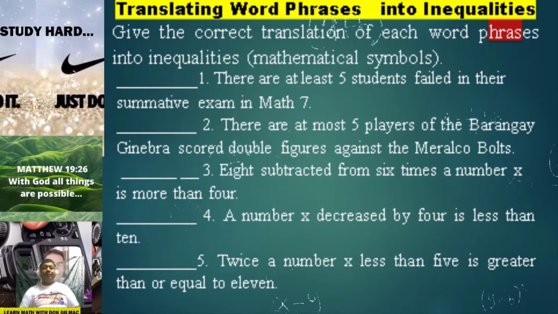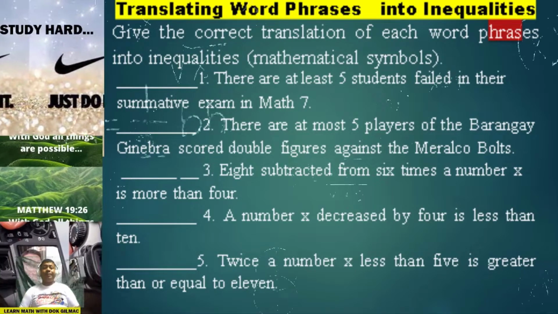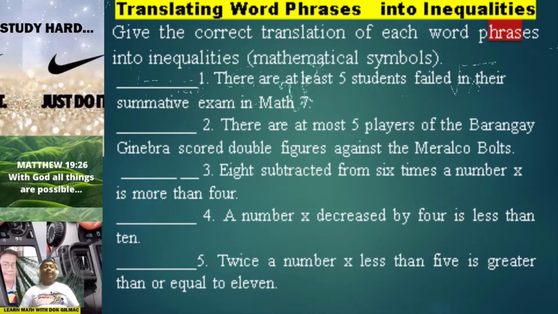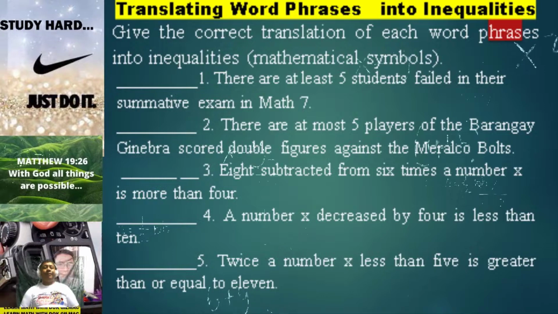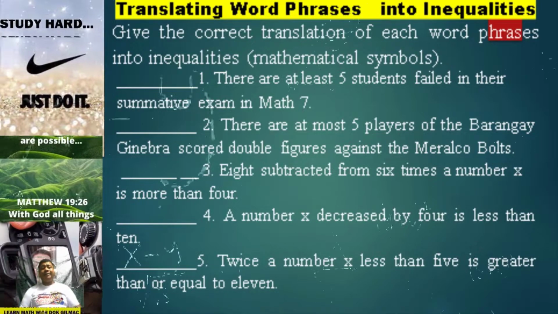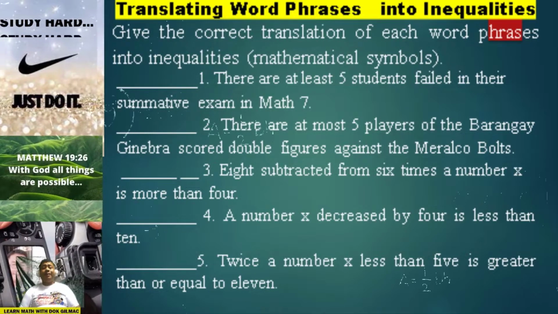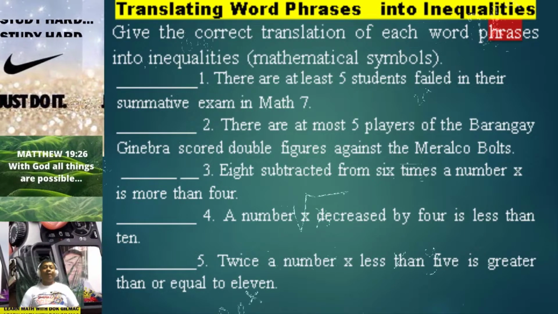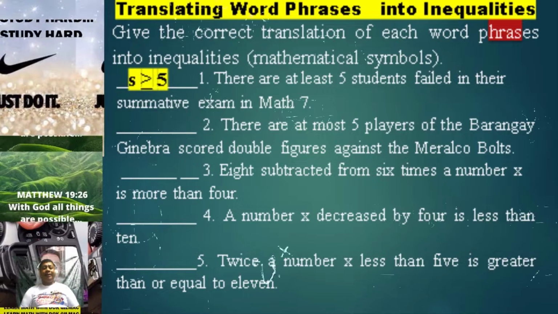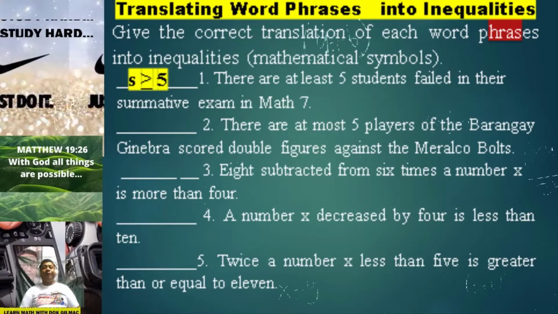Let S be the number of students who failed in their summative exam in Math 7. Take note, at least simply means is greater than or equal. So we have S is greater than or equal to 5.